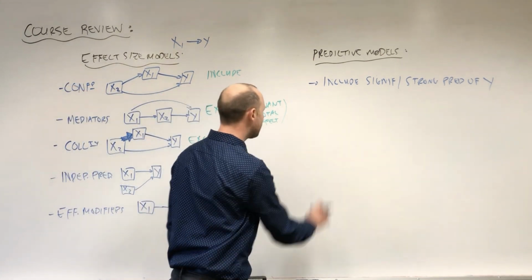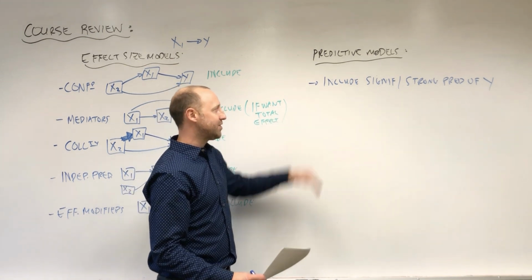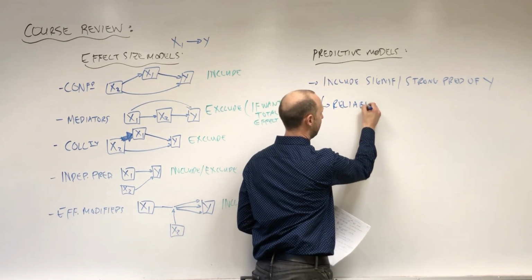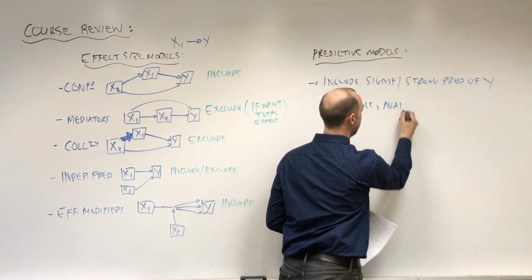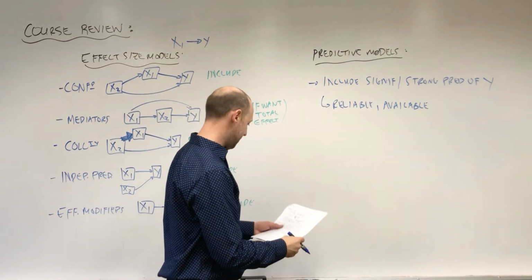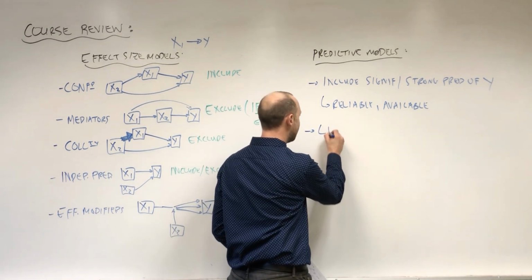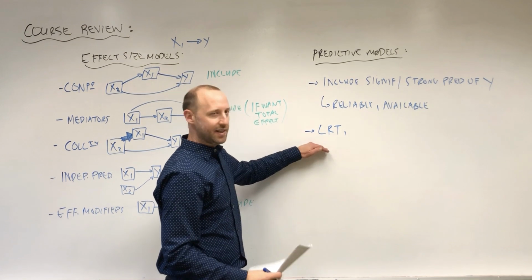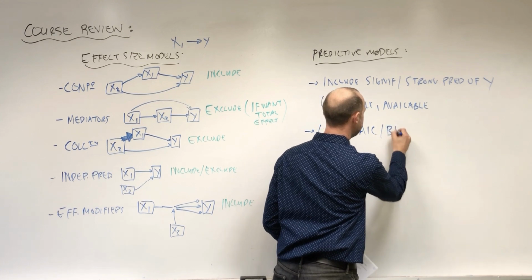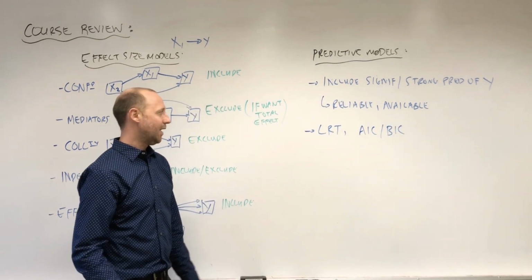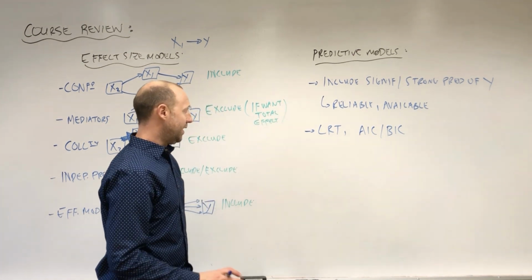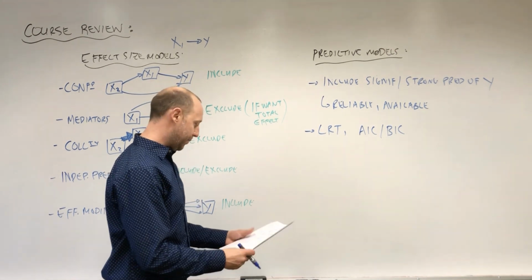So there, we're really trying to include variables that are good predictors of the outcome, variables that are reliably measured, and that are available at the time of prediction. At the time we want to make the prediction, can we actually get these variables measured? We can use things like the likelihood ratio test to test adding variables, if they significantly improve the model. We can also use things like AIC or BIC to evaluate which model seems to be the best. So there are certain other criteria to deciding which variables should go or not go into a predictive model.